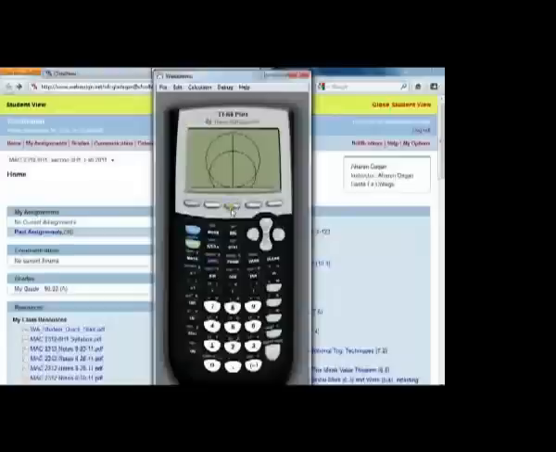I'm missing the bottom, so let me zoom again, and hopefully this will show me the bottom. It does, but it looks distorted, so zoom square to the rescue. All right, so this is the shape. For the cardioid, this is where theta equals 0, and this is where theta equals 0 for the circle.